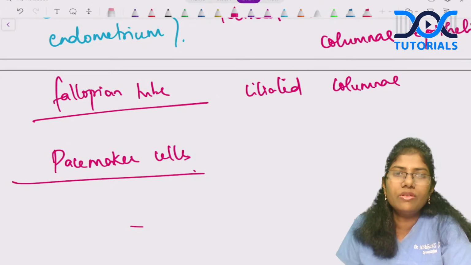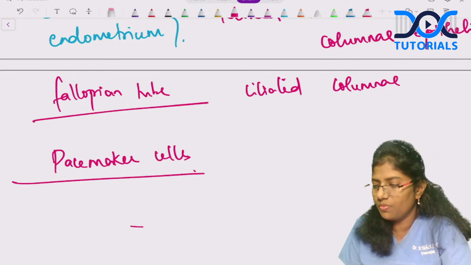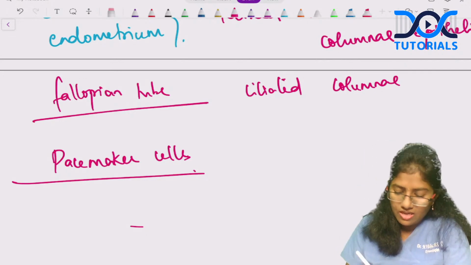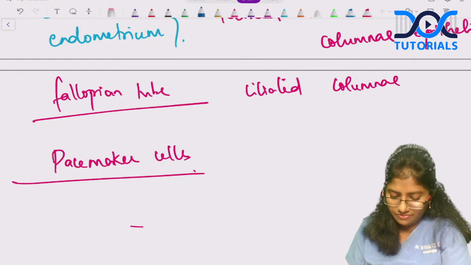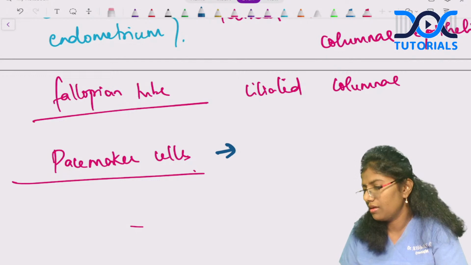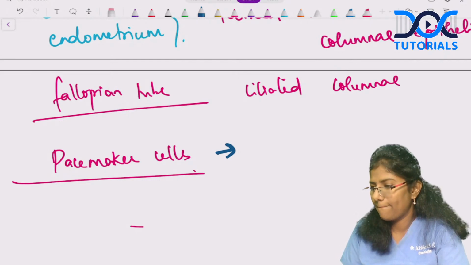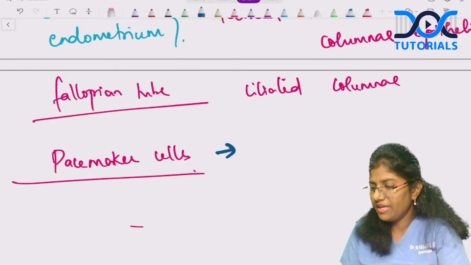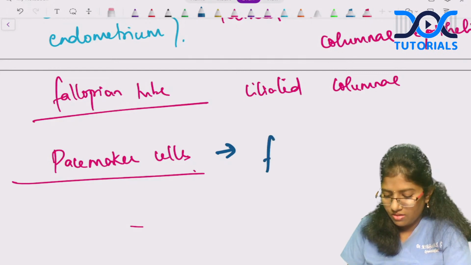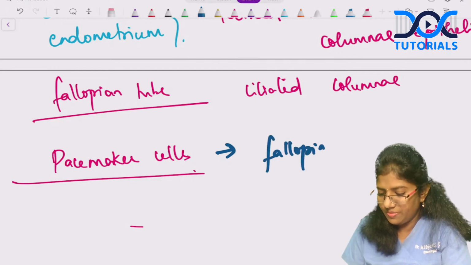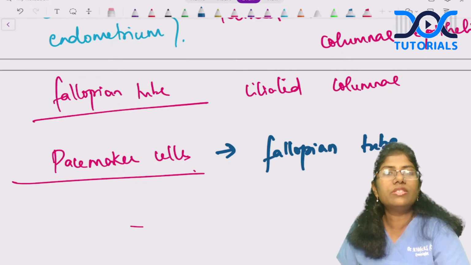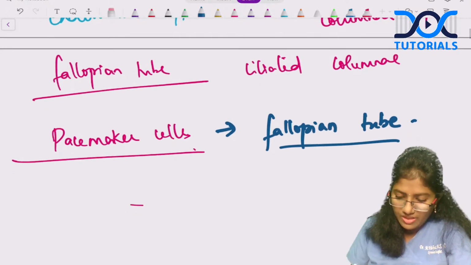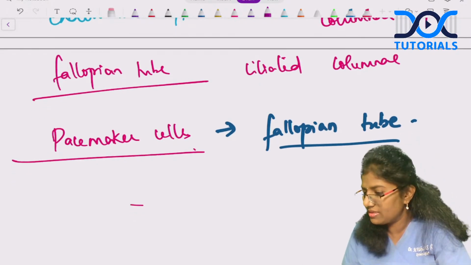Is it in the cervix or the uterus or the fallopian tube? Pacemaker cells are present in the fallopian tube. Now tell me, what are these pacemaker cells otherwise called?